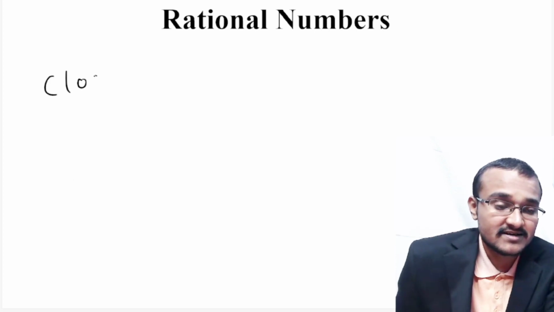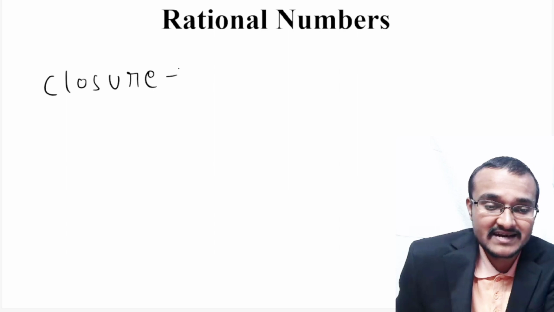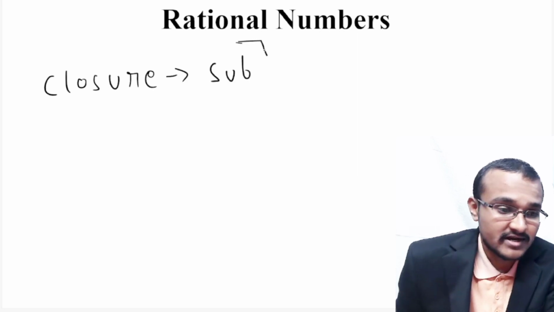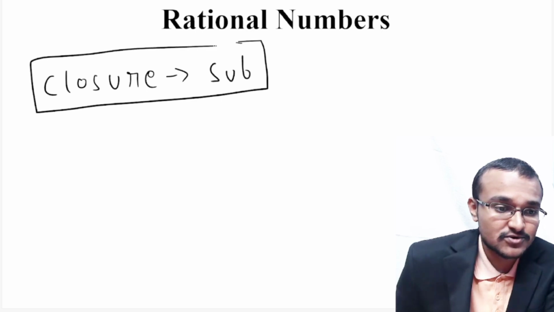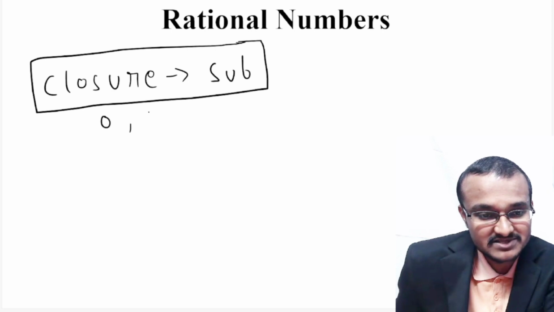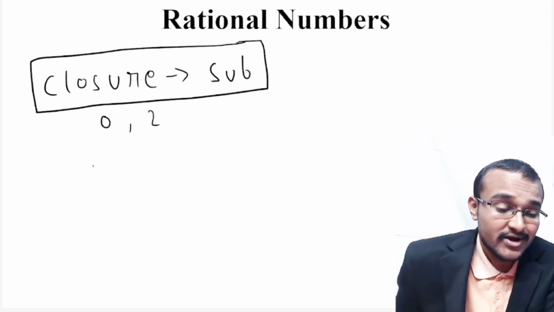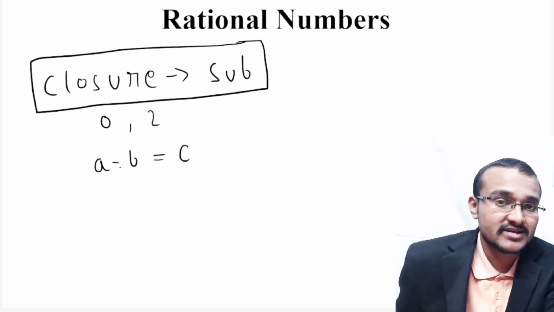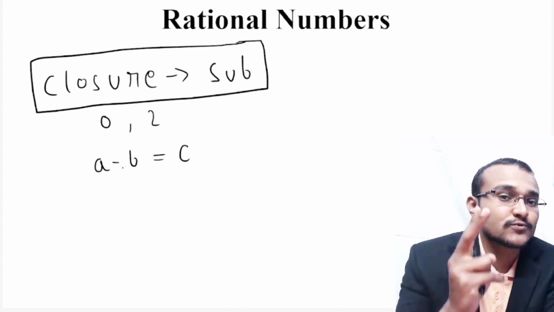Now let us check whether closure property under subtraction will be obeyed by whole numbers or not. So now I am considering closure property of subtraction. Here also I will consider the same example, 0 and 2. The general formula will be a minus b is equal to c, because we are doing the subtraction of two numbers.